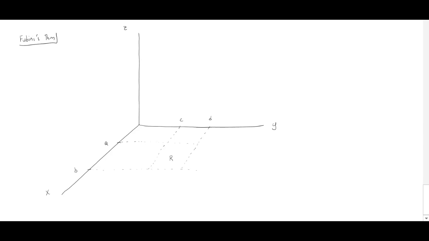And then I have the graph of some function floating up top. So I want to find the volume above this rectangle and beneath the graph.